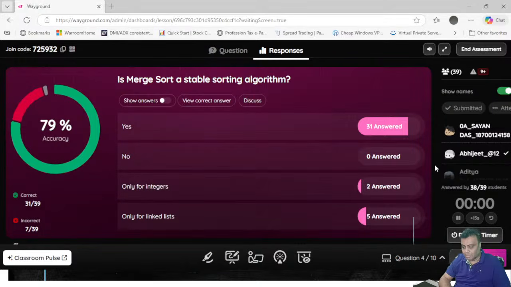Okay, good. 31 of you answered this correctly. Nice. Merge sort is a stable sorting algorithm because it preserves the sequence of duplicate numbers. The only algorithms that change the sequence of duplicate numbers are selection sort and quick sort, and even heap sort for that matter.